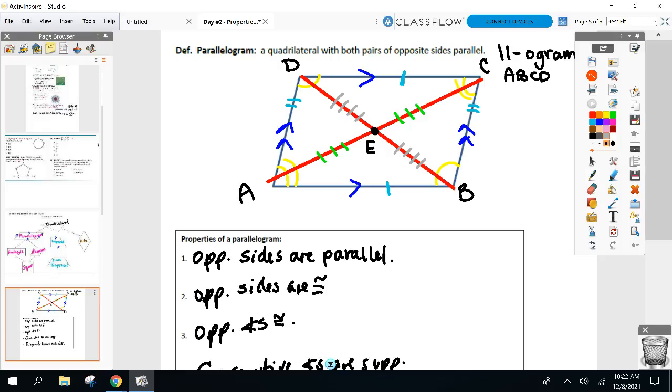How's that look? I got one more challenge question. Give me a vocabulary term for point E then. Point E is the what of each diagonal? You're way overthinking it.